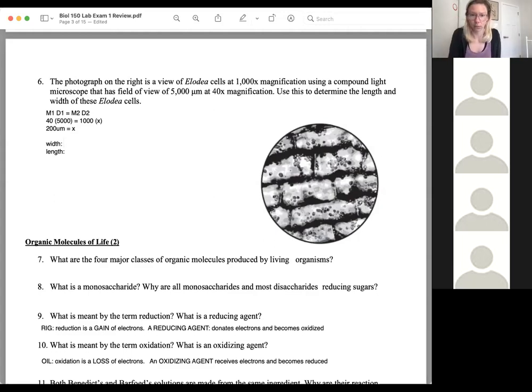Oh, so you don't count the part of the cell, you just count the whole? Right, you want to estimate, if you took one whole cell and lined them up end to end, how many would go across? Sometimes you have to play around with these little pieces at the end.